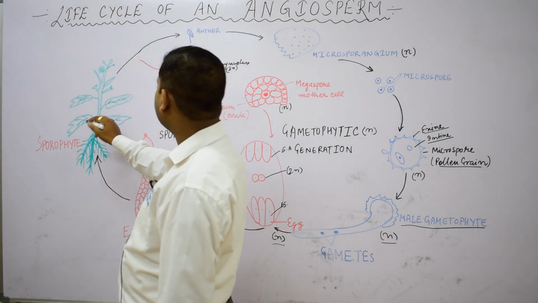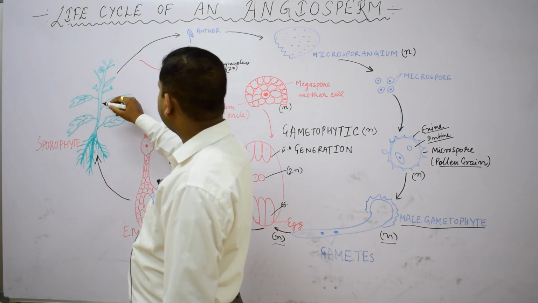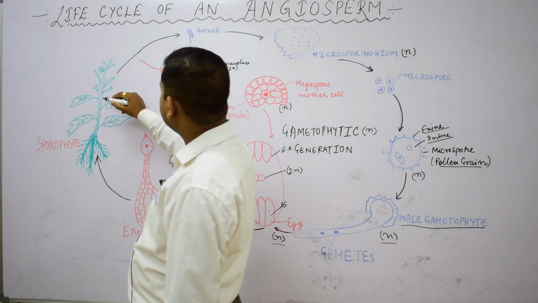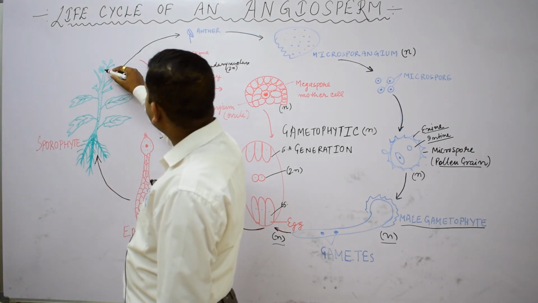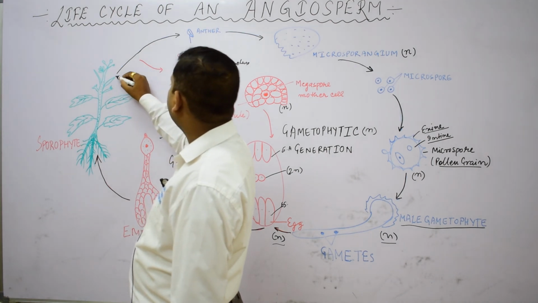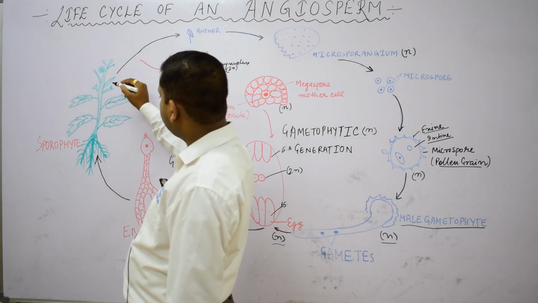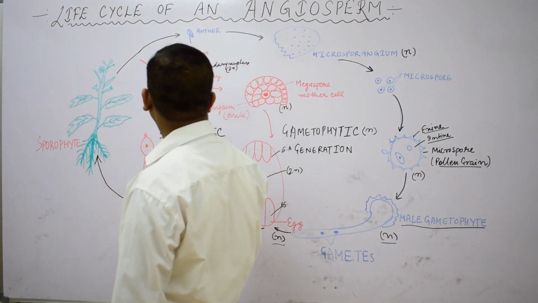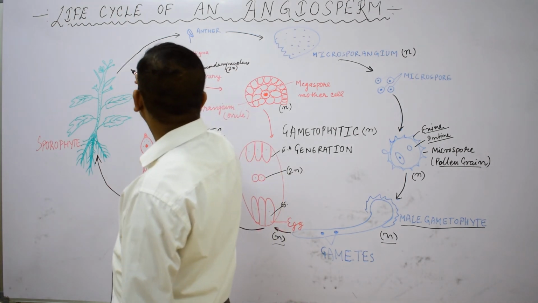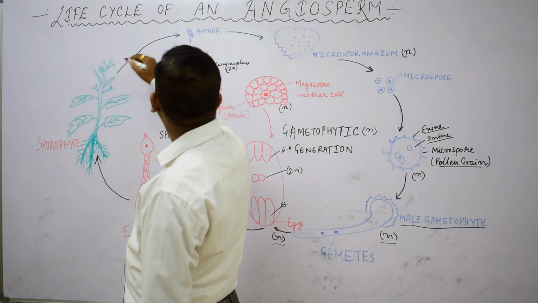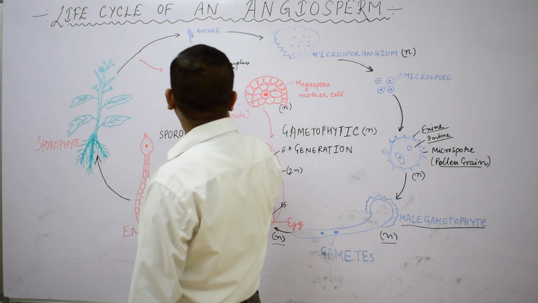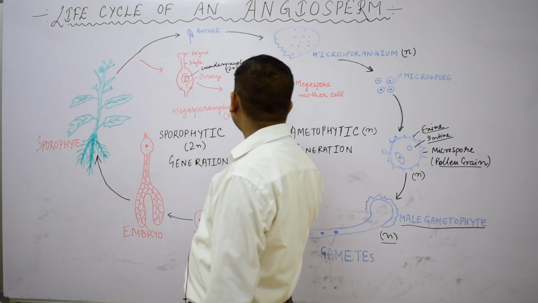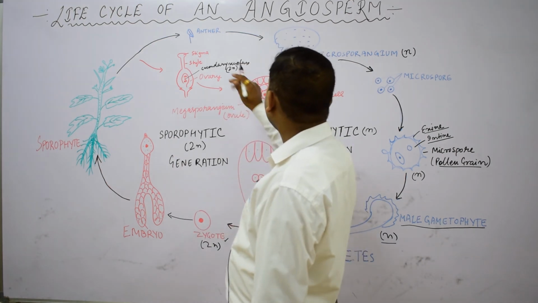The dicot leaf has reticulate venation. Here you will see the flower as well as the pod carrying mustard grains, which give oil and can be used for various purposes, or for seed formation. From the flower we again see the anther as well as the megasporangium develop.